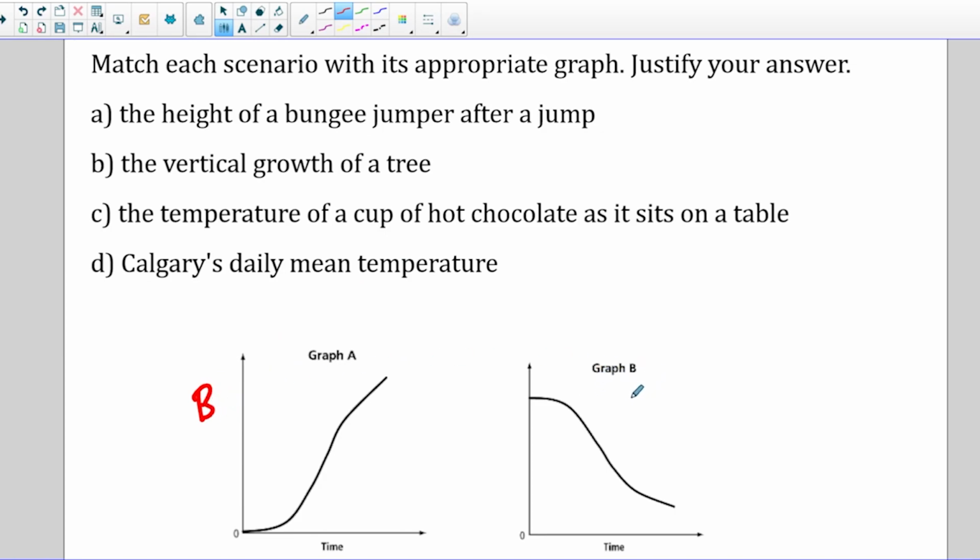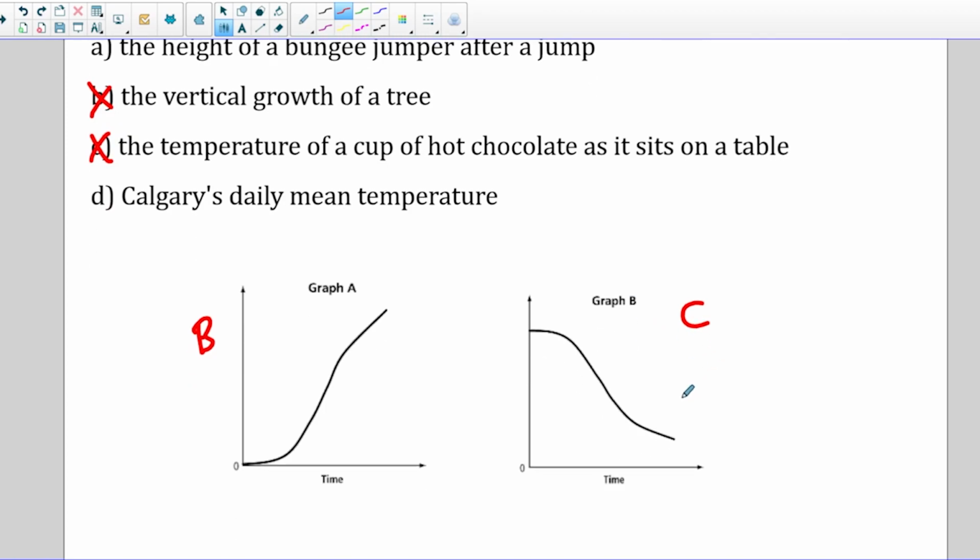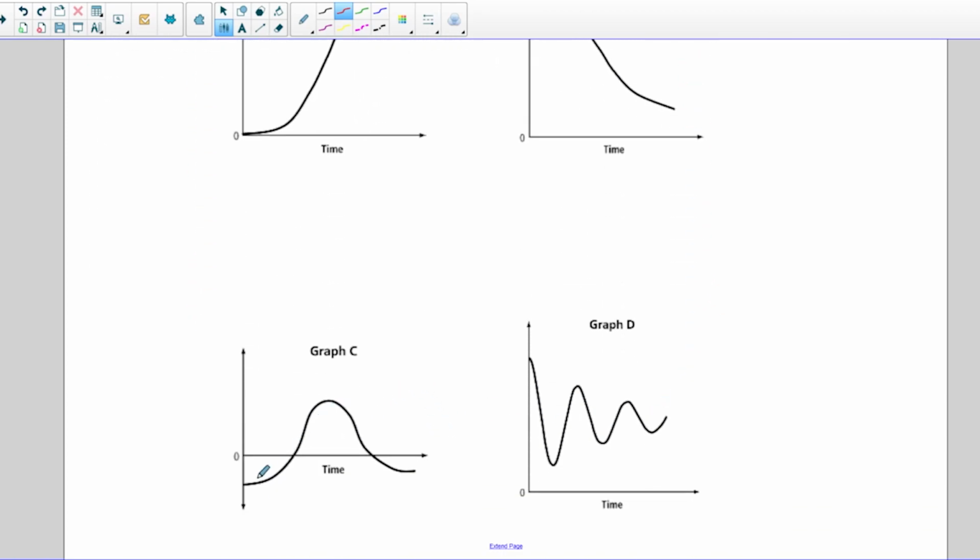If you look at graph B, we start here, and then we kind of taper downwards. So the only one that would make sense for it to start off kind of high and then taper slowly downwards would be the hot chocolate. If you look at graph C, we notice that we start below 0, we move up, and then we come back down.